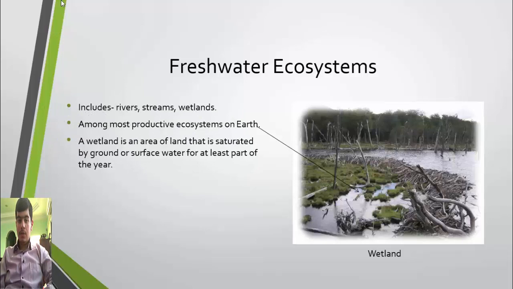So this is the definition of wetland. A wetland is an area of land that is saturated by ground or surface water for at least part of the year. Saturated and unsaturated comes from heterogeneous and homogeneous. So saturated means heterogeneous. Saturated means that it easily dissolves the particles found in the water.